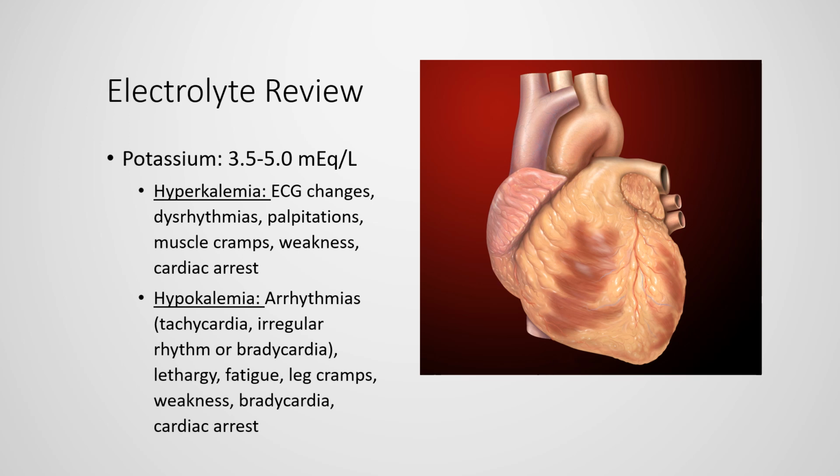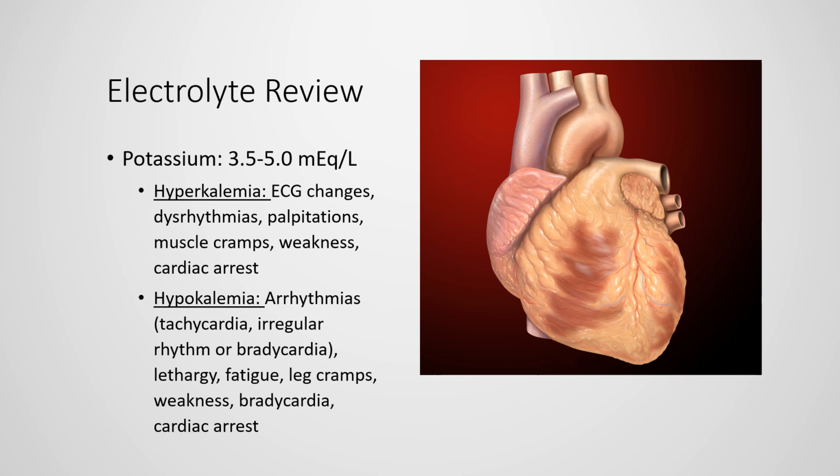So really, if you hear hyperkalemia, which you are going to hear many, many times in the coming semesters, think of heart arrhythmias. That's why high potassium is one of the most concerning electrolyte abnormalities that we have to deal with, because we know it kills people from cardiac arrhythmias.